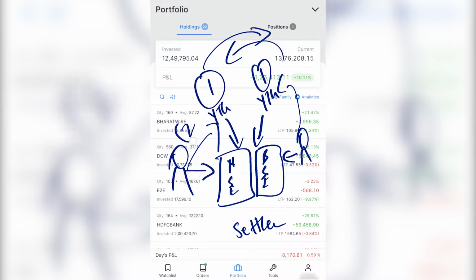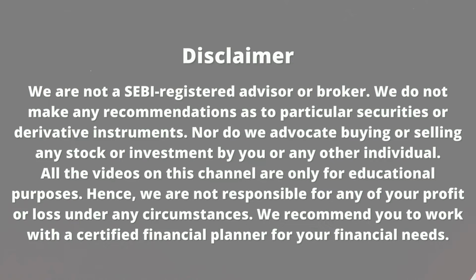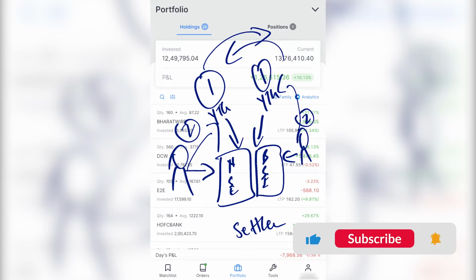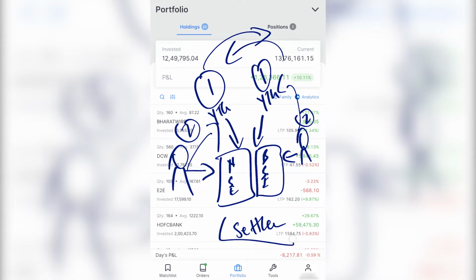Now, your broker, which is Zerodha in this case, may deduct your money from your account today. But by the time it actually changes hands and reaches the broker on the other end, it may take a day or two. So, this is not really a real-time settlement that's happening, and your settlement, of course, happens after the market closes at the end of the day.